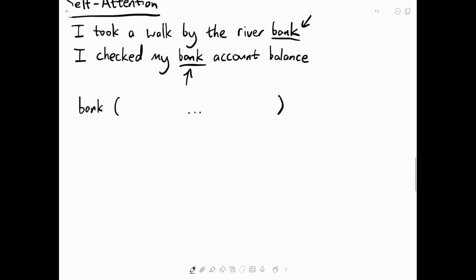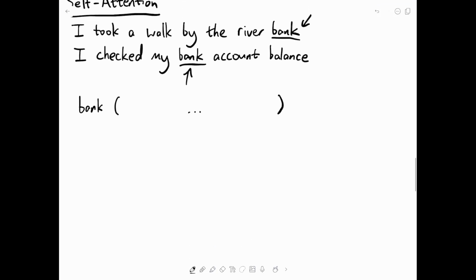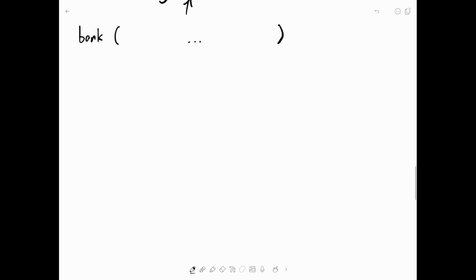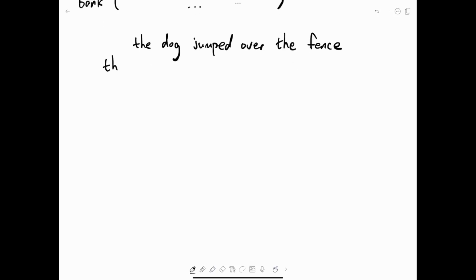So the idea of attention is that we need to associate different scores between words in the same sentence. Essentially, if we have a sentence like "the dog jumped over the fence," we'll write this sentence down also, "the dog jumped over the fence."